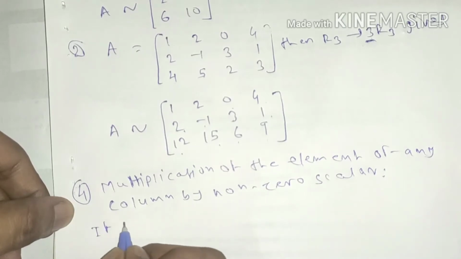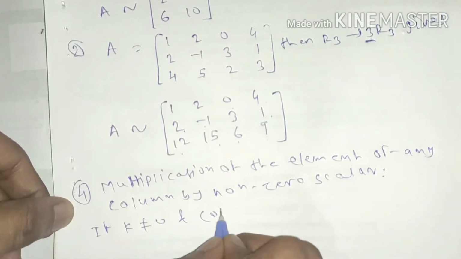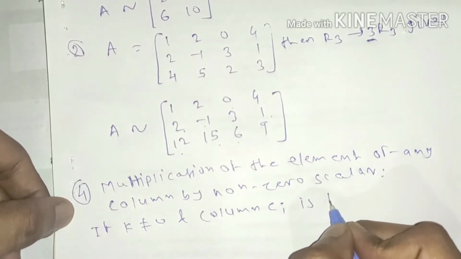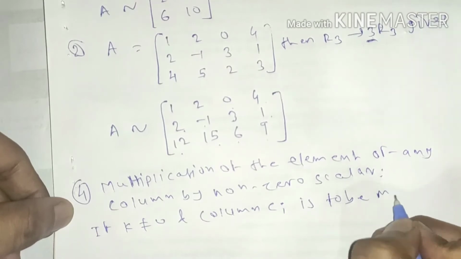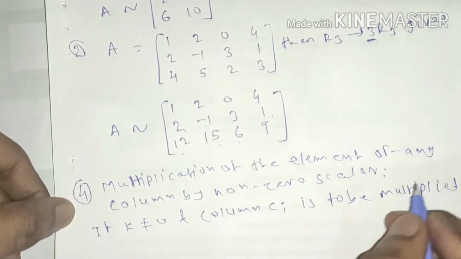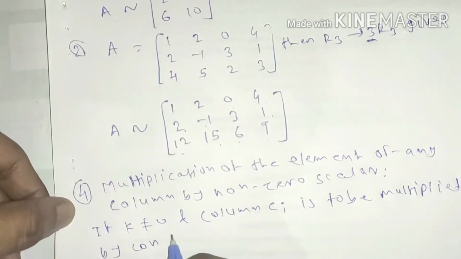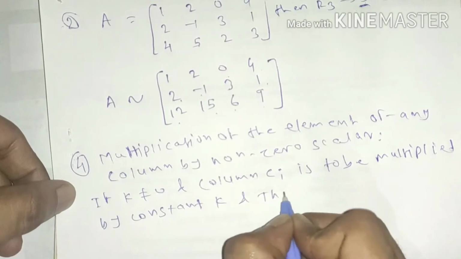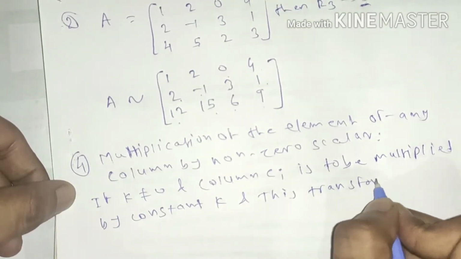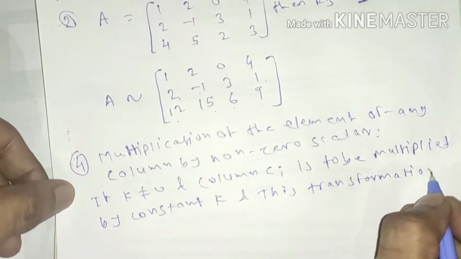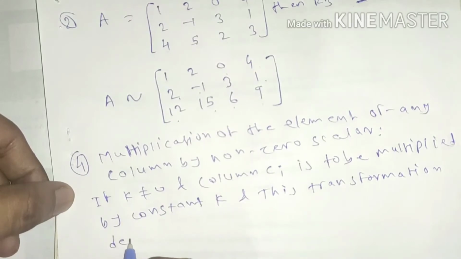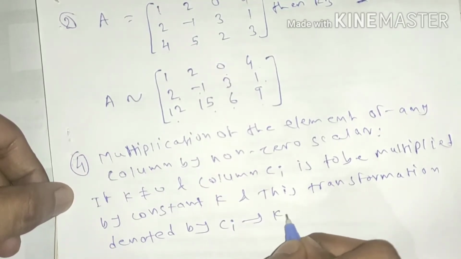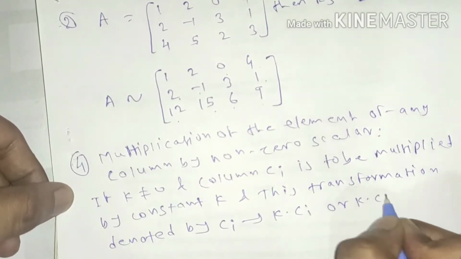So if k is a non-zero scalar and column Ci is to be multiplied by constant k, this transformation is denoted by Ci changes to k times Ci.